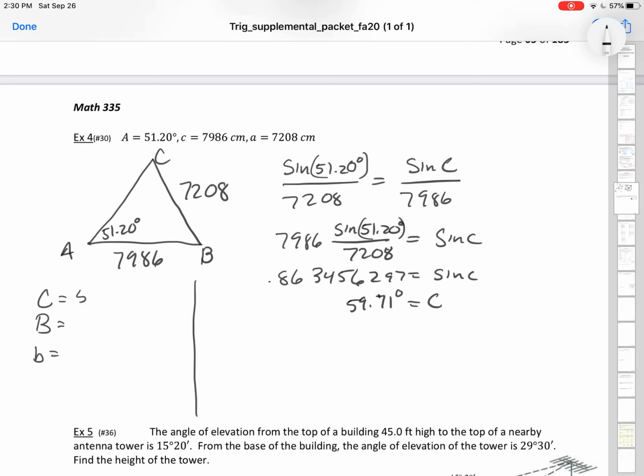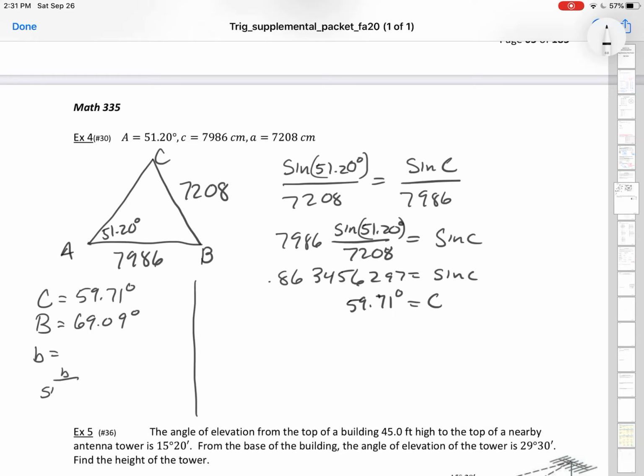And so one of those has 59.71 degrees. And then if I take 180 minus the 51.20 minus the 59.71, I'm going to get 69.09 degrees as the B angle. And then to get little b, no problem.